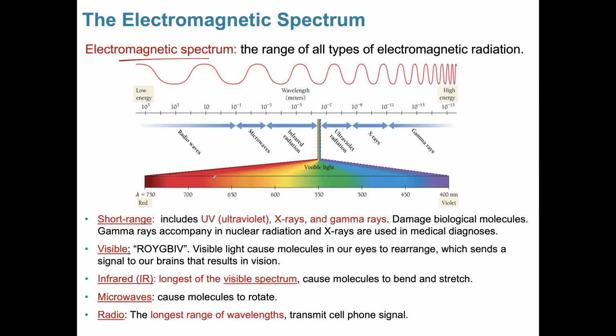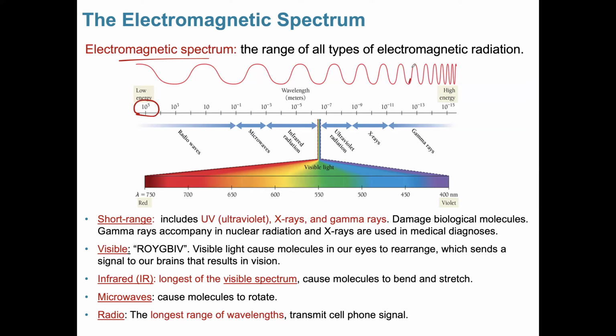The electromagnetic spectrum arranges the different electromagnetic radiation by wavelength. From the left side, it has basically the highest wavelengths, and on the right side, it has the lowest wavelengths.